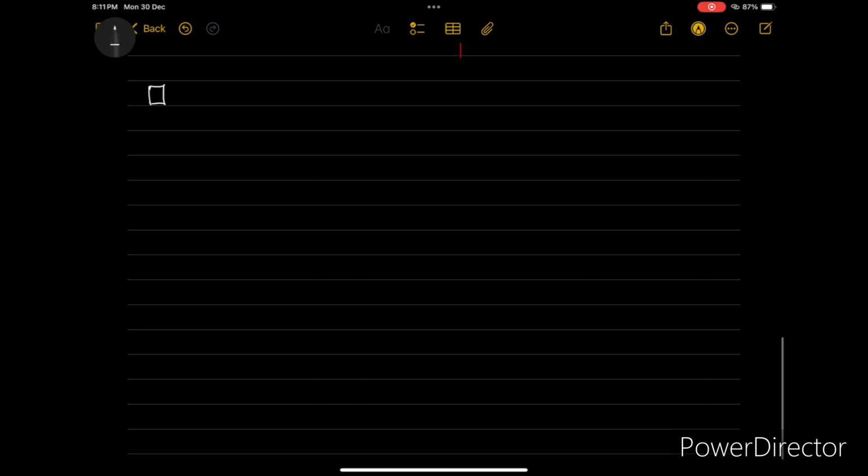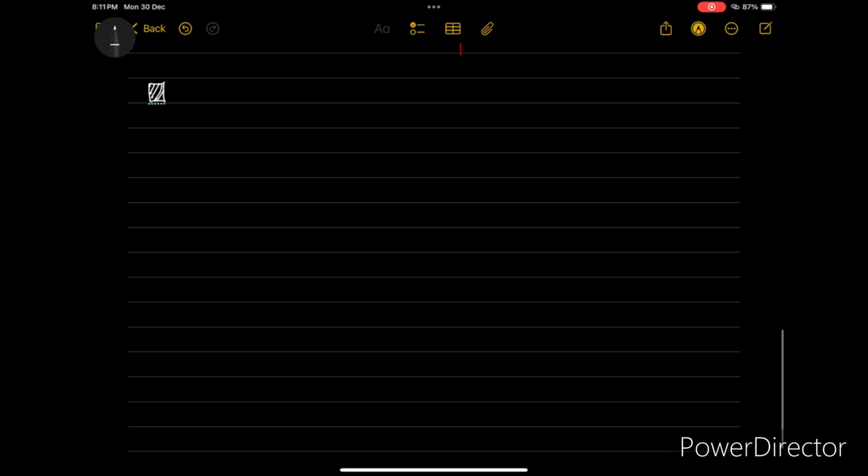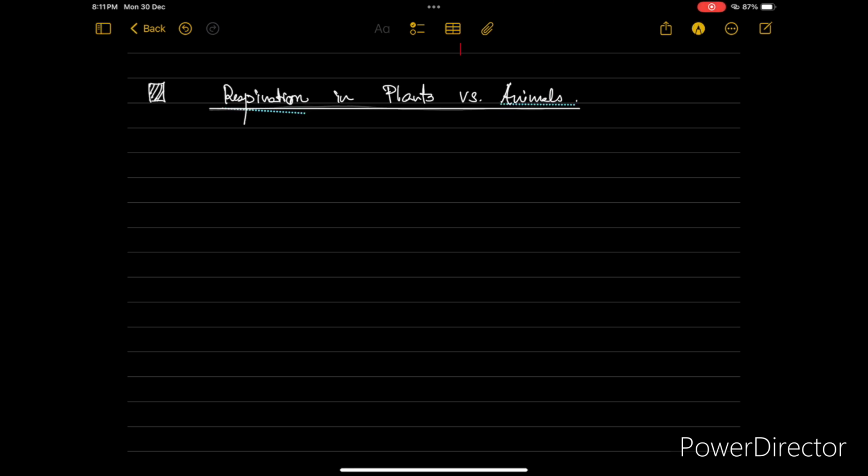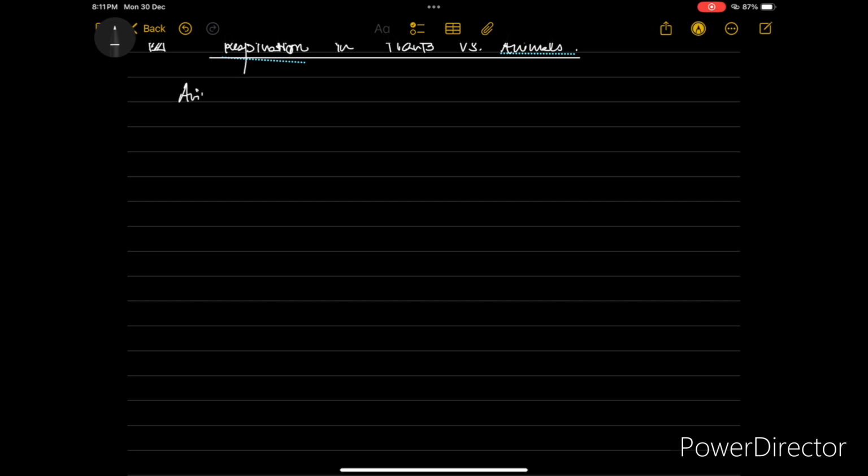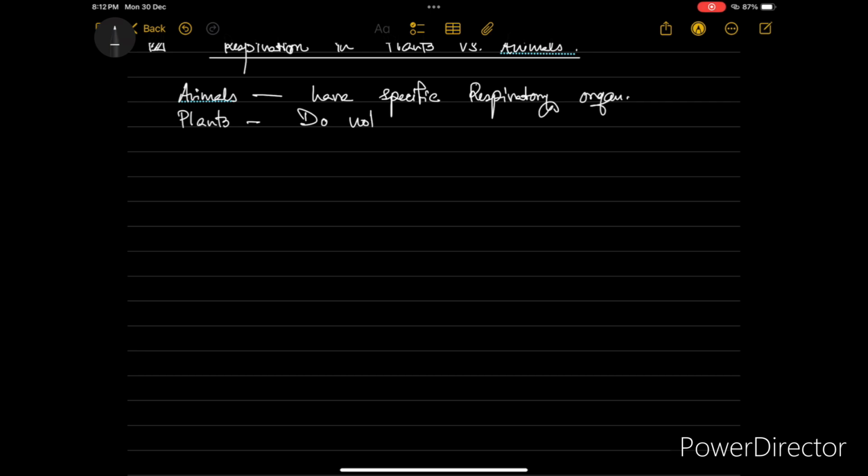Now, our next topic is respiration in plants versus respiration in animals. That is, what is the basic difference in respiration between plants and animals, right? So it is obvious that in case of animals there is a presence of a specific respiratory organ, whereas plants do not have any type of special respiratory organ.